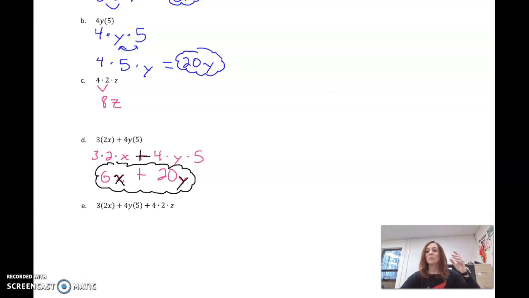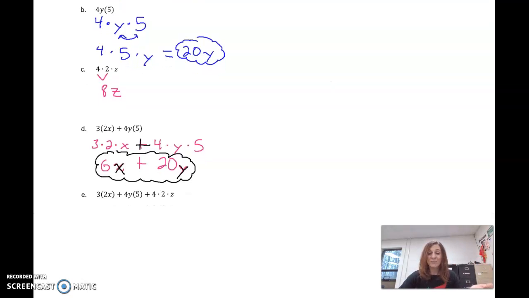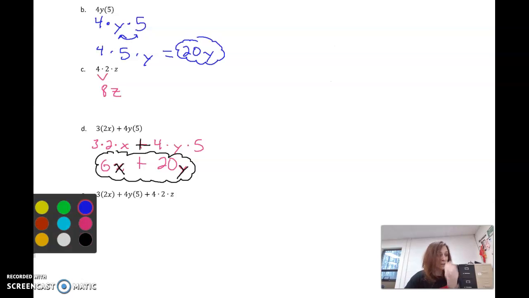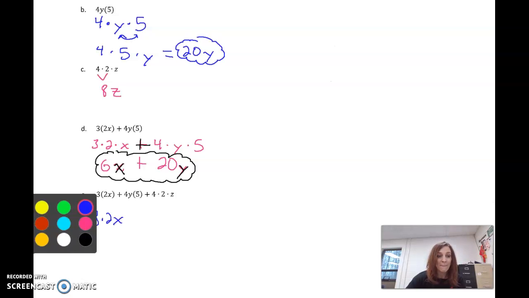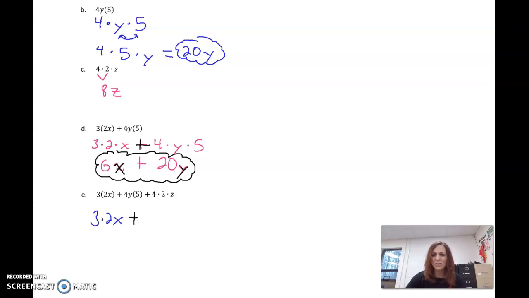We're changing more to algebraic thinking here. It's not so much computation. We have an expression. So when I know the values of x and y, I can plug them in and get an answer. Okay? One more. So we know that this is 3 times 2x plus, really important to get used to looking for that plus sign, okay? 4 times y times 5 plus 4 times 2 times z.